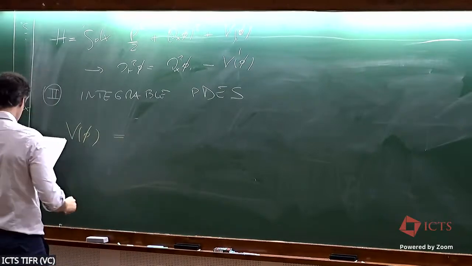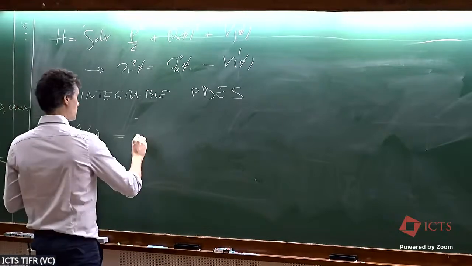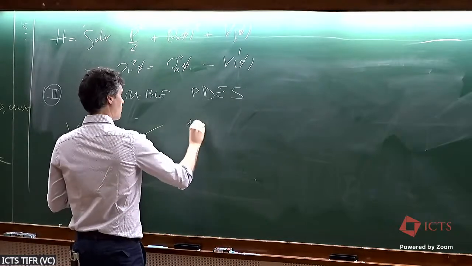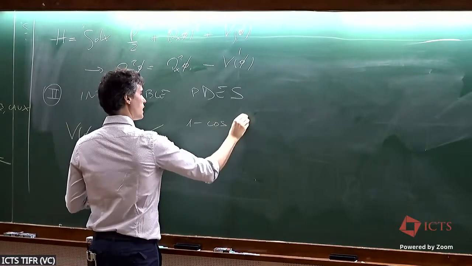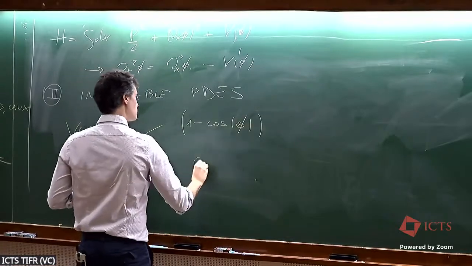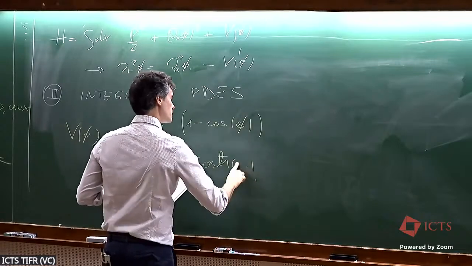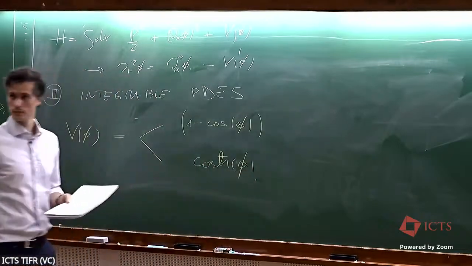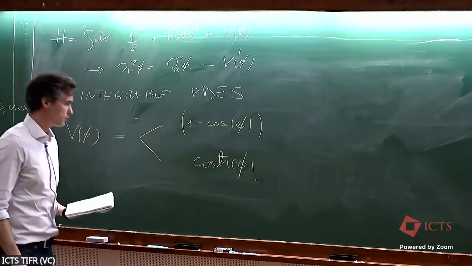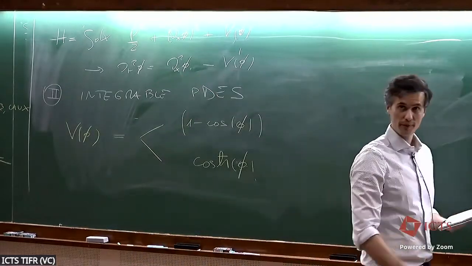For example, I can choose this to be 1 minus cosine phi, or hyperbolic cosine of the field. Now, I tell you that these equations are integrable. Of course, they are not the only integrable equations, but they really connect with what we have done so far.